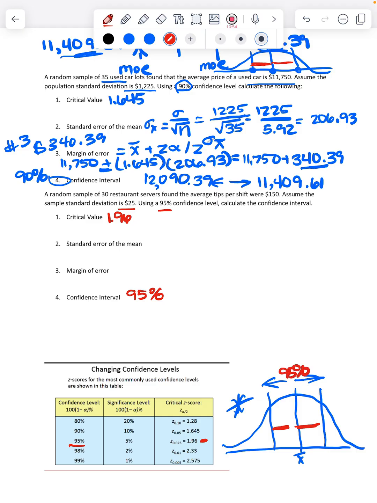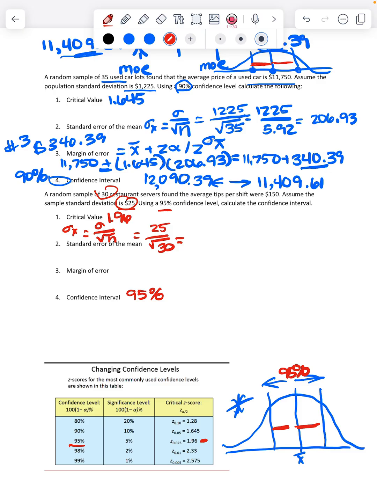Now, the standard error of the mean is going to be calculated again by using this formula right here, where you have the standard deviation over the square root of n. So in this case, our standard deviation was 25, and we had 30 restaurant servers. So I'm going to say 25 over the square root of 30 to calculate my standard error.